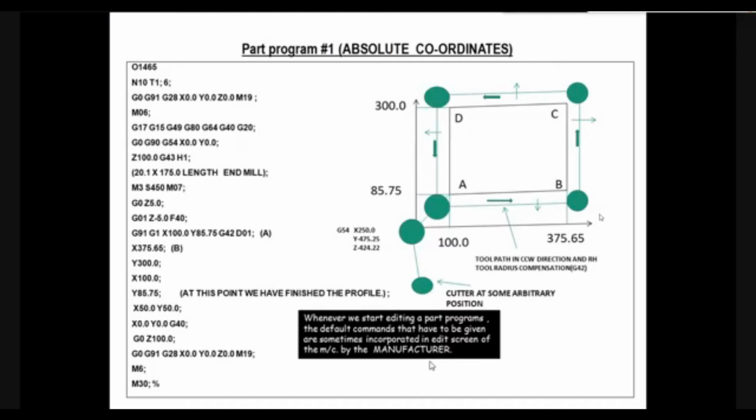If you write the part program shown on the left hand side of the slide, it will simply travel to A such that the center of the cutter lies on the point A. That means the circle will come into this area, so some part of this corner will be cut by the cutter, and the radius of that cut will be equal to the radius of the cutter.